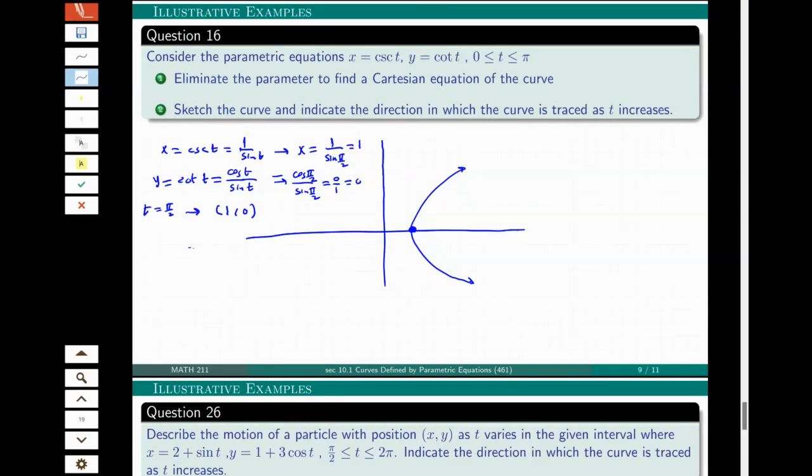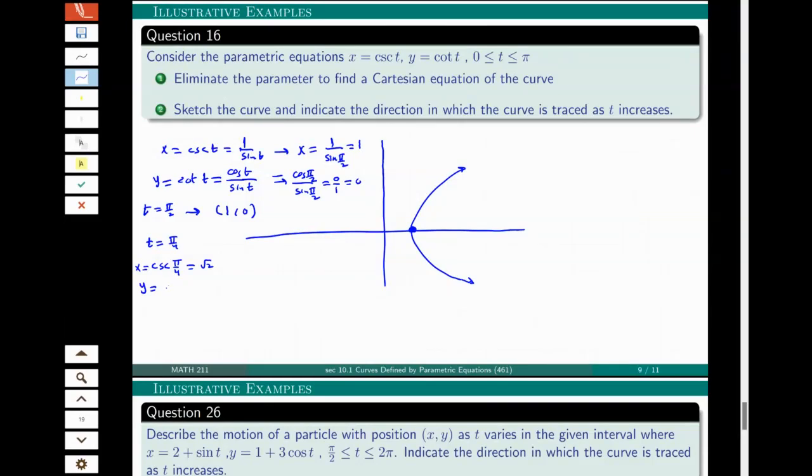Now, let's say t is pi over 4. When t equals pi over 4, I will get cosecant pi over 4, which is equal to x, root 2.